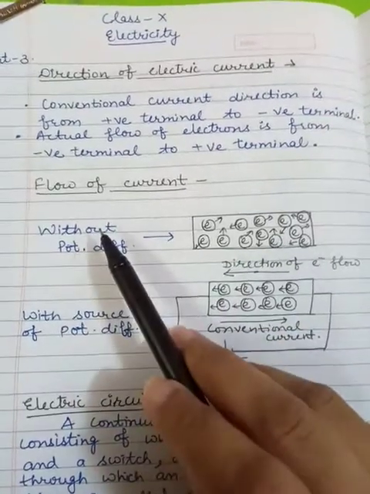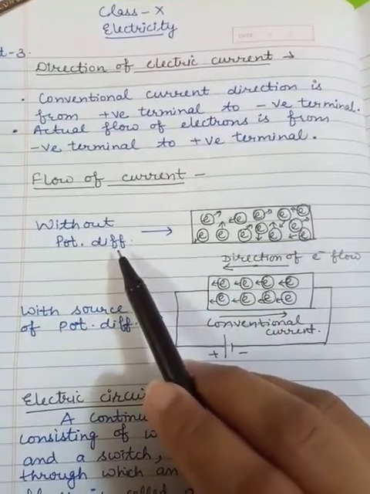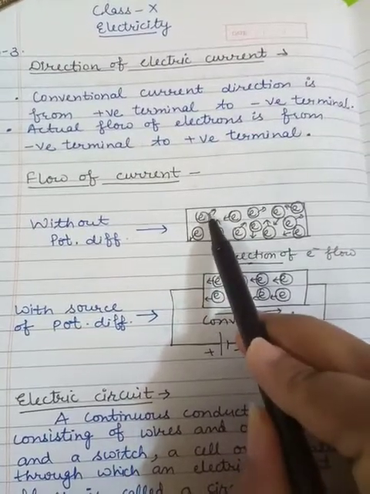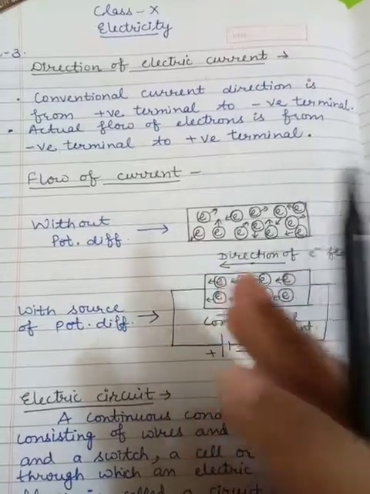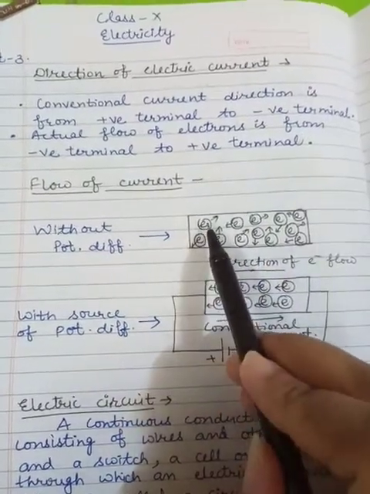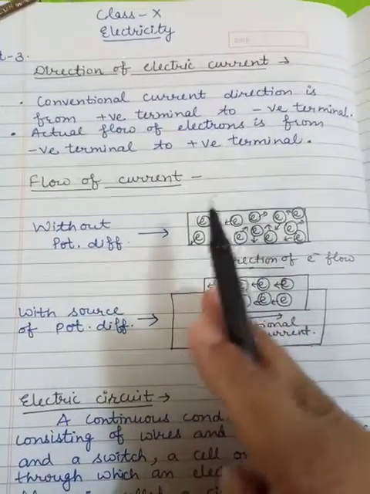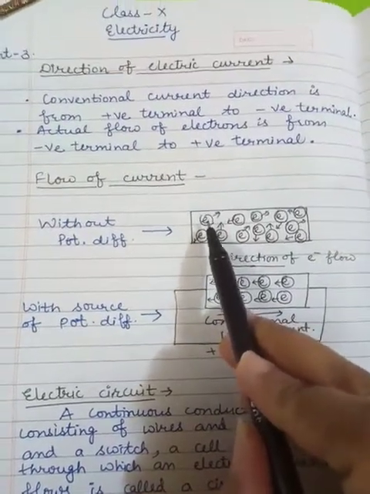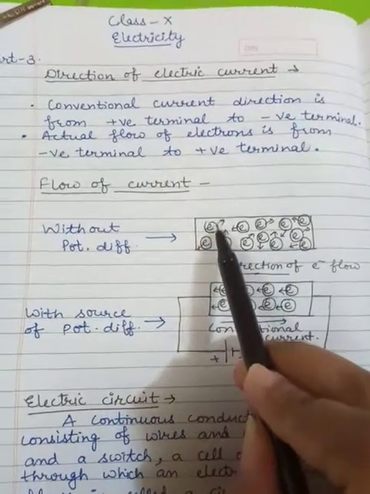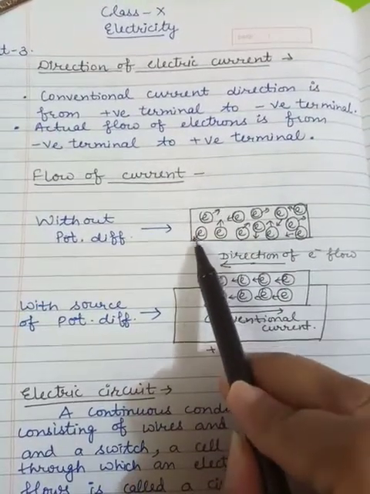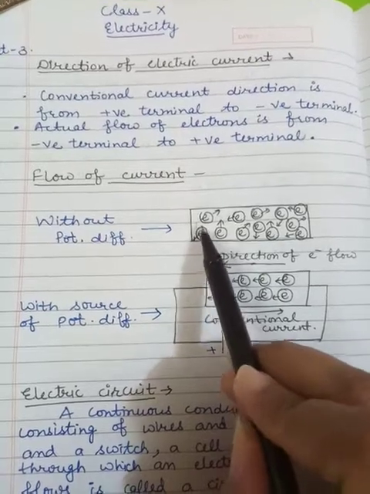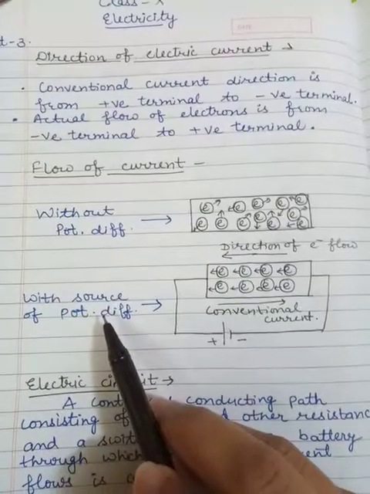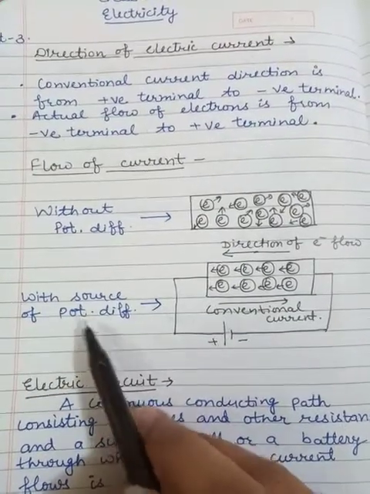Because when there is no potential difference, the electrons just have some drift velocity, they just vibrate, moving slightly in one place, and the drift velocities cancel each other's effect. Means if one electron is moving in this direction, another is moving in the opposite direction, so their velocities are cancelled out.